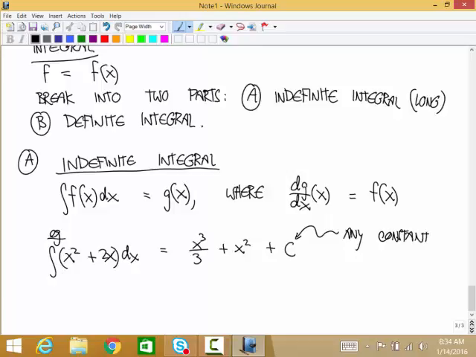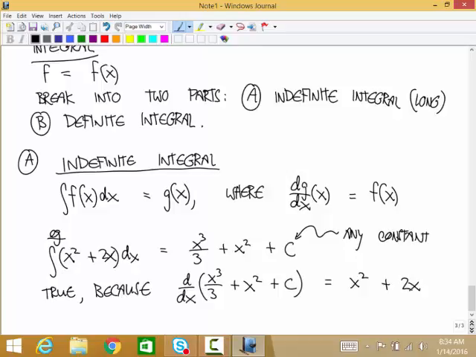And we know that this is true whether we know how to calculate this or not. We know that it's true when we take the derivative of this, because d dx of this is x squared plus 2x.